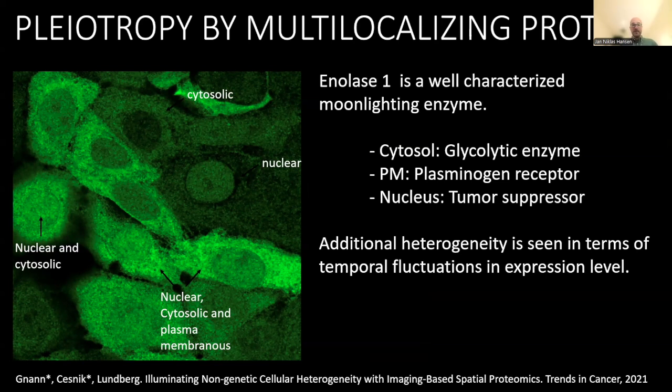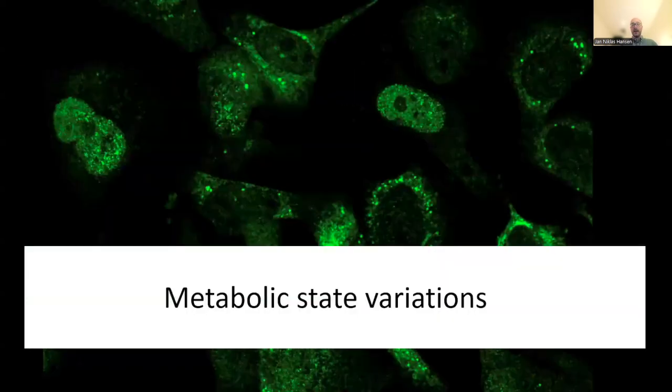So this multilocalization that we've seen may likely relate to a lot of heterogeneity in the functions that the proteins conduct in the different cell types. And just recently, we've also looked into another factor driving this pleiotropy, and that is metabolic state variations. So here we see protein that localizes to vesicles or the nucleoplasm.